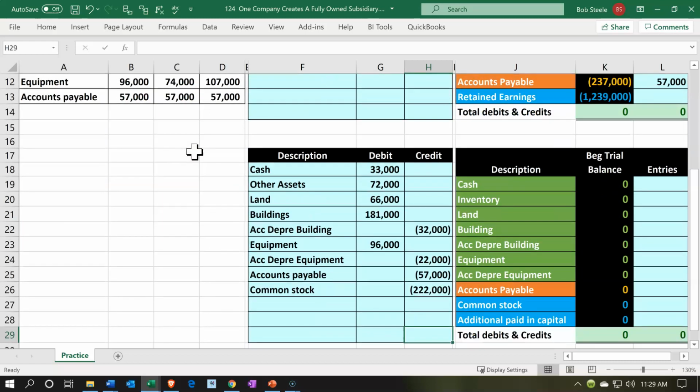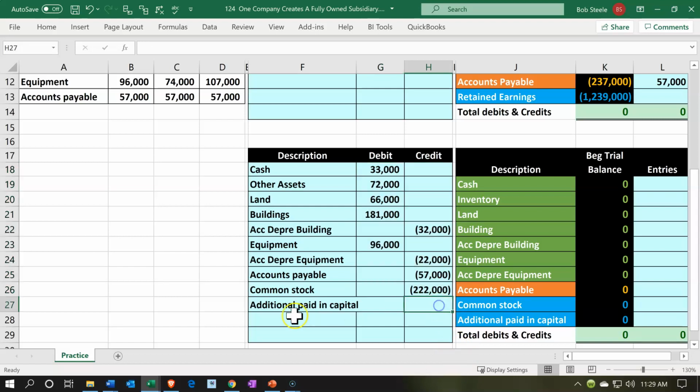That's the 222. And then the additional paid in capital is the difference between what was transferred, the assets that were brought in, which was the 337,000, minus the 222,000, which again, if we just highlight the entire thing, is now 115. So that's our plug.